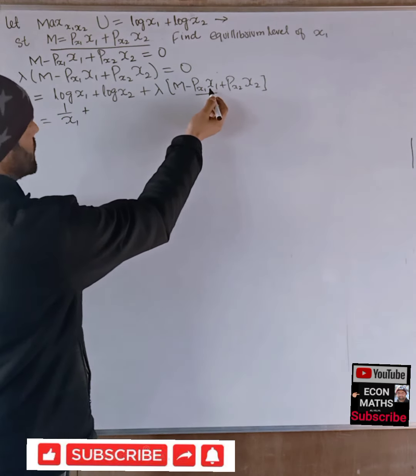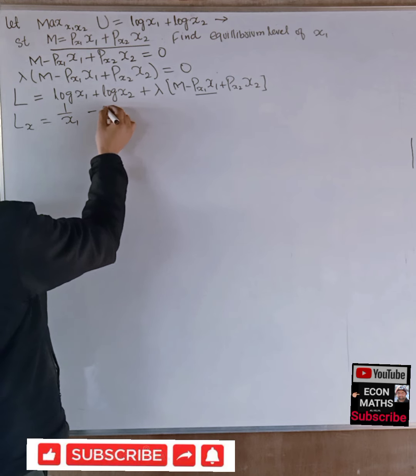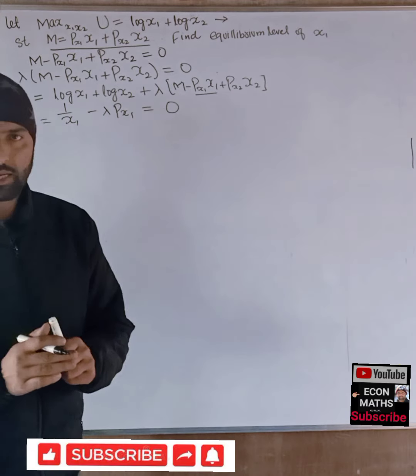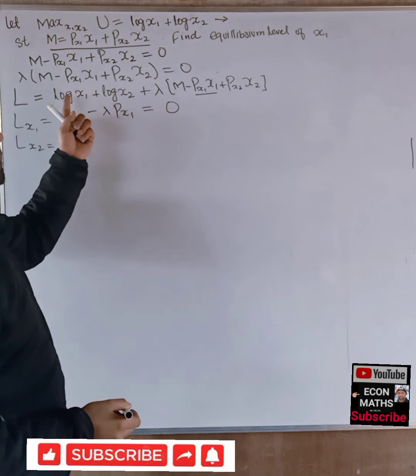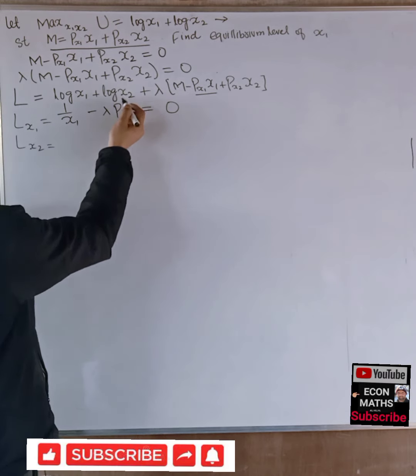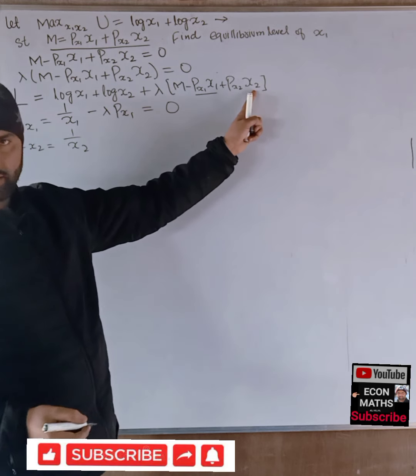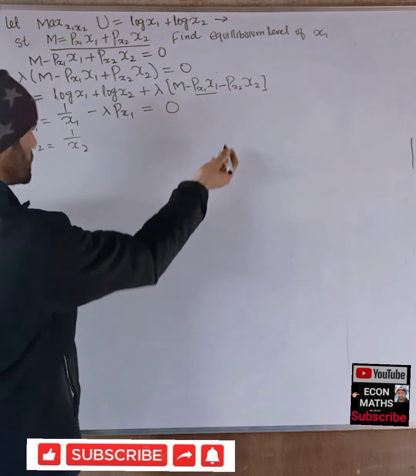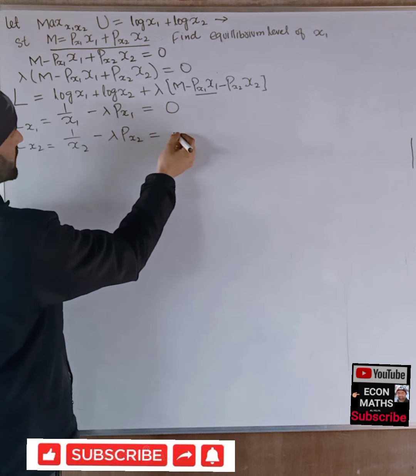We will get minus lambda times p x1 and set it equal to 0. Similarly, we differentiate with respect to x2. The derivative of the x1 term will be 0, the derivative of log of x2 is 1 divided by x2, and the derivative of x2 is 1, so we get minus lambda p x2 and also set it equal to 0.